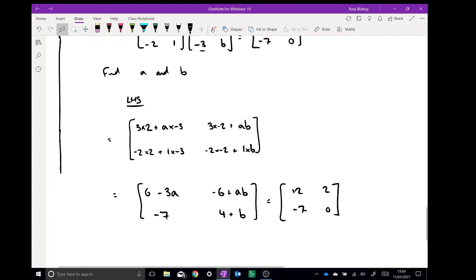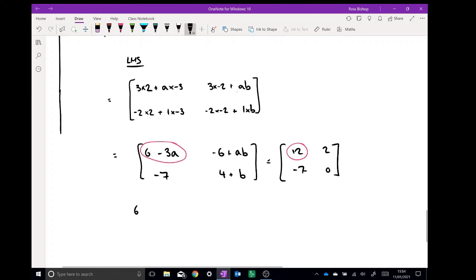And you can now just compare elements. So that element has got to be the same as that element. So 6 minus 3a equals 12, and I solve that like a normal equation. So 3a equals negative 6, a equals negative 2.